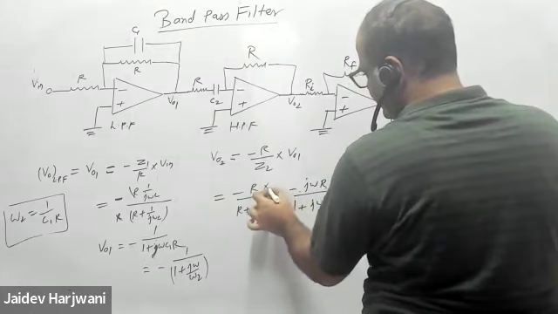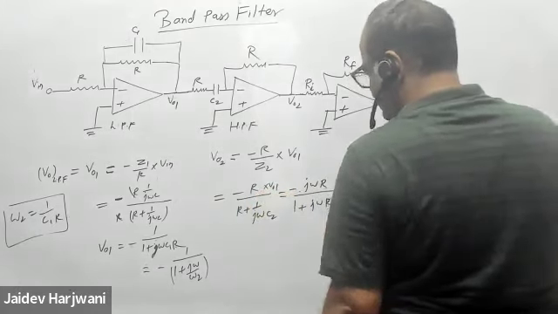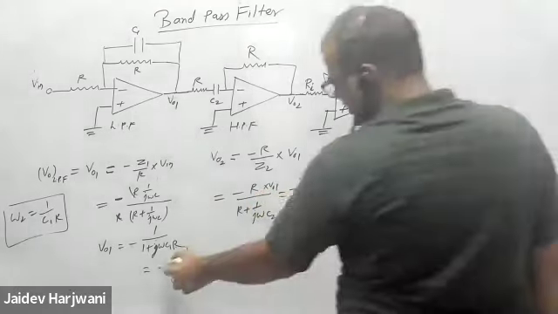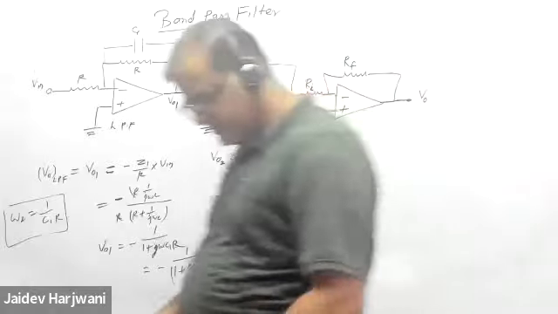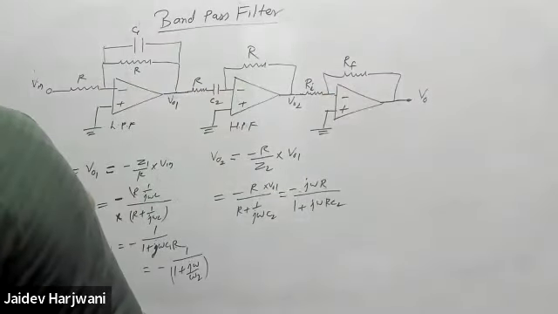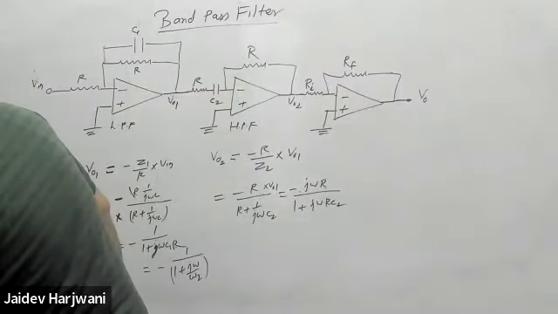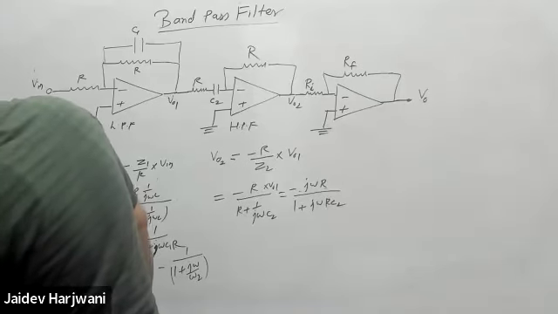Of course, there is a V naught multiplied, and now multiply V naught here. Tell me what will come. Where is the minus going? This minus minus, three minuses are coming.